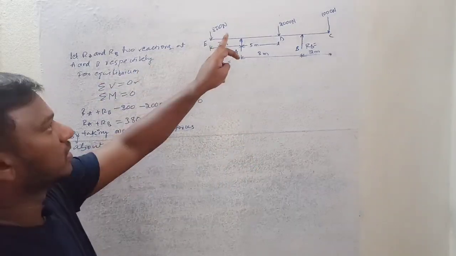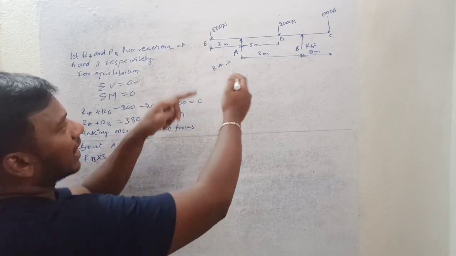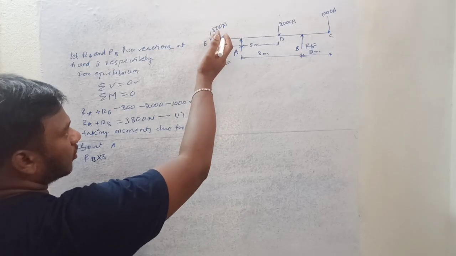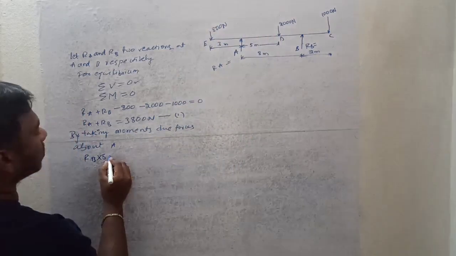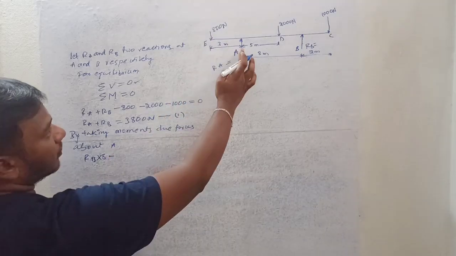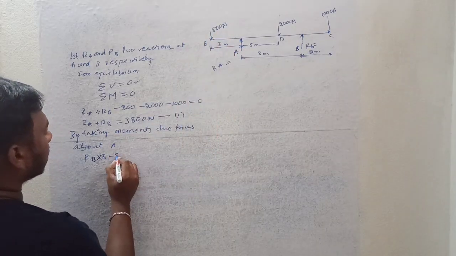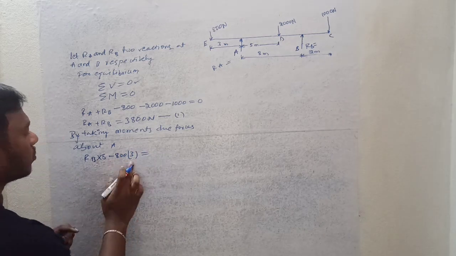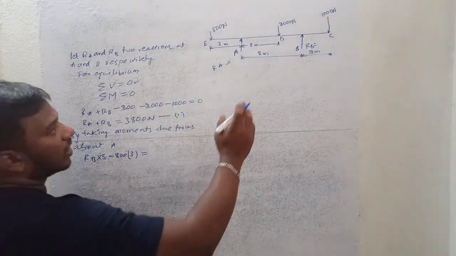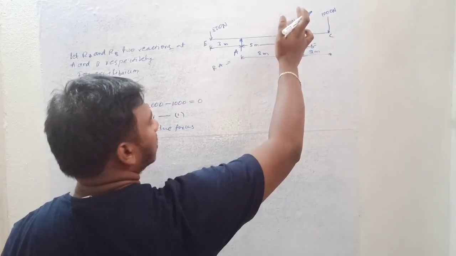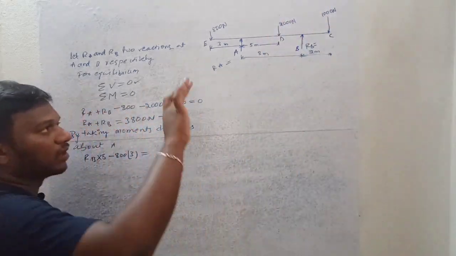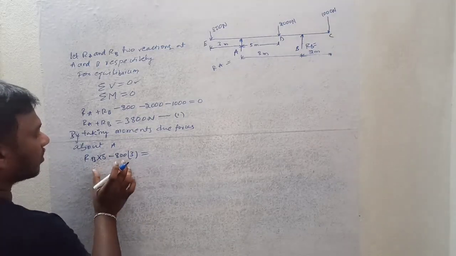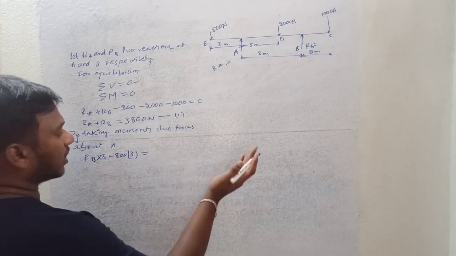The remaining moments: the moment due to this 800 newtons, 800 into 3 meters, is in the clockwise direction, but about A, the moments due to this 1000 newtons and this 2000 newtons will be in the anti-clockwise direction, right? So I am writing the anti-clockwise moments on the right hand side.